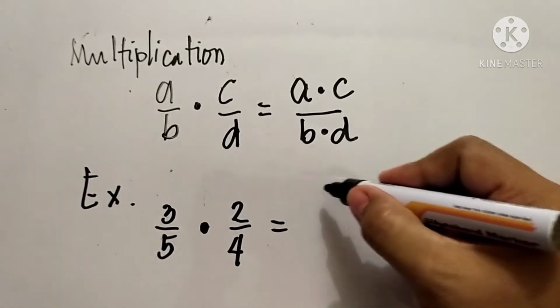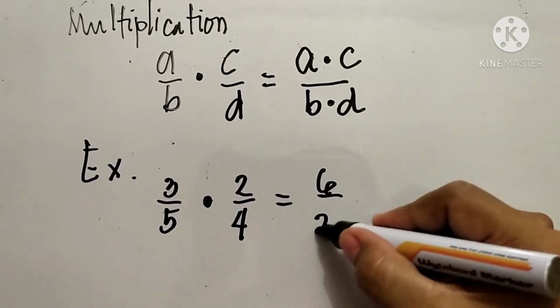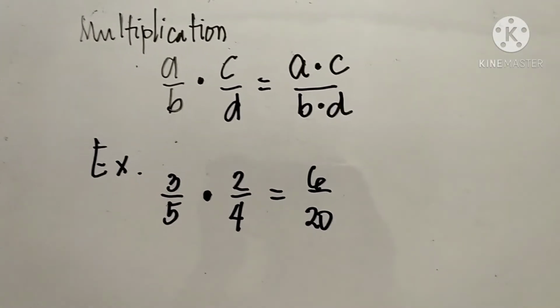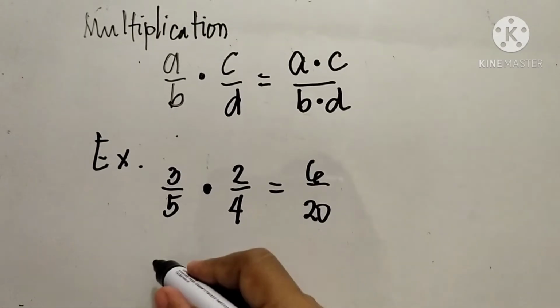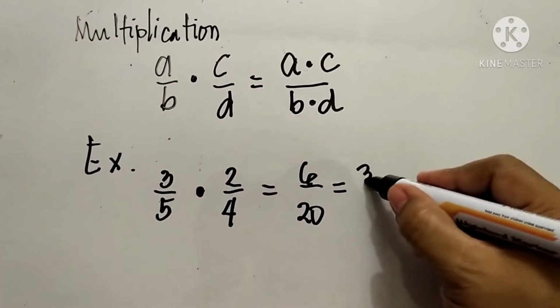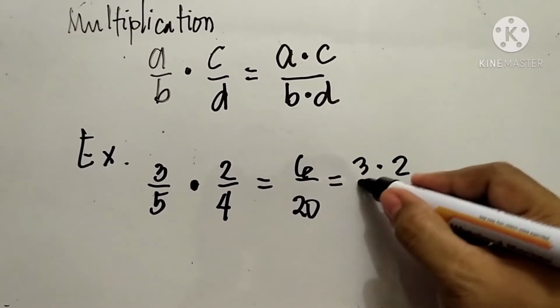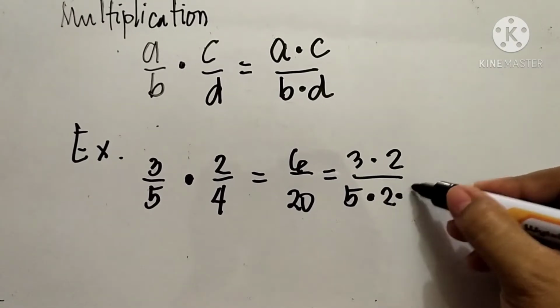so you have 6 over 20. Reducing, so we have to get the greatest common factor. So we have here, this is 3 times 2, this is 5 times 2 times 2.